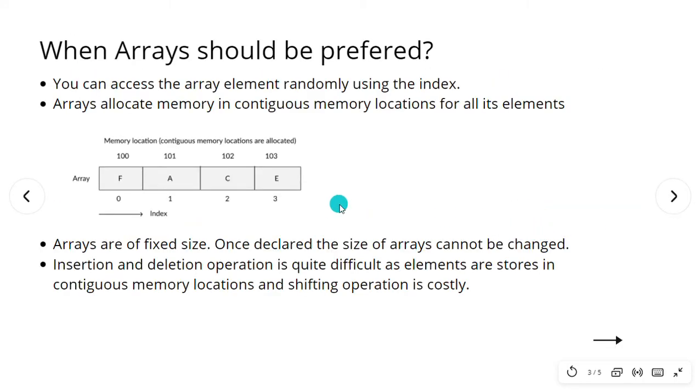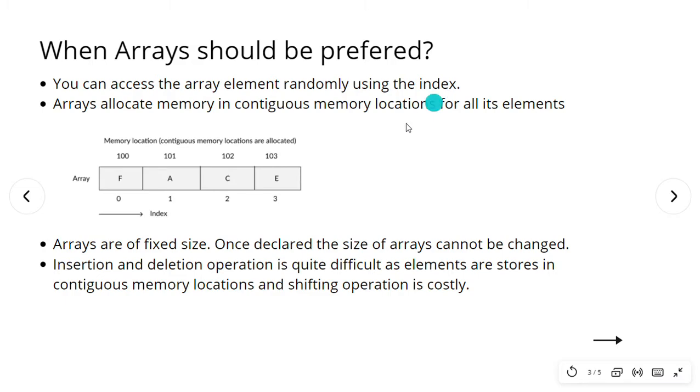So when should arrays be preferred? By knowing the advantages and disadvantages of arrays, we can know when they should be preferred or not. The first point I have given is that you can access an array element randomly using an index.